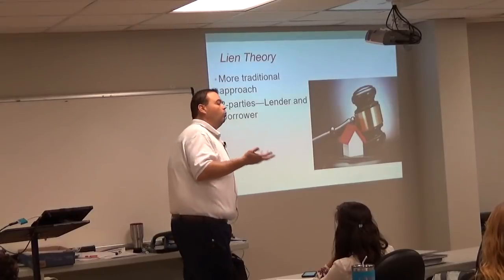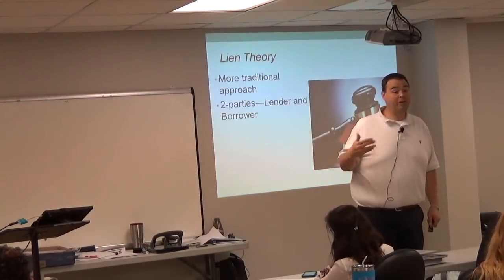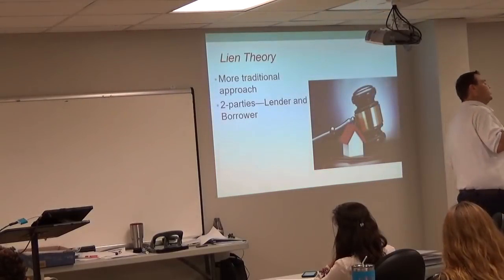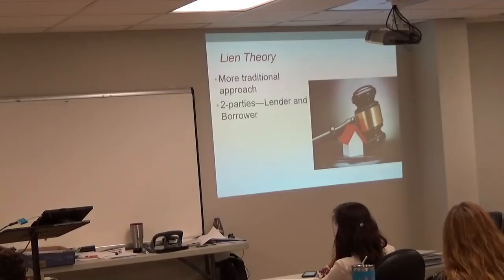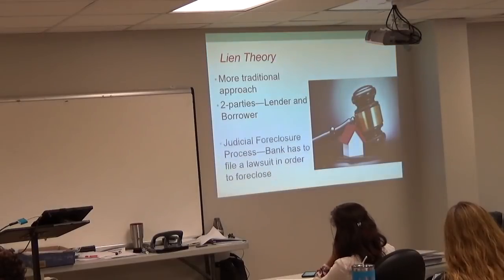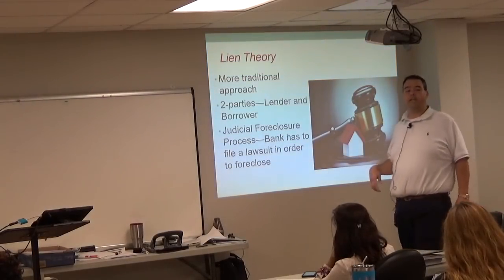In a mortgage loan, somebody hasn't paid. That's realistically the only dispute we're going to have. Where does a dispute get settled when there are only two parties involved in the contract? In court. And that's the unfortunate reality of a lien theory state.